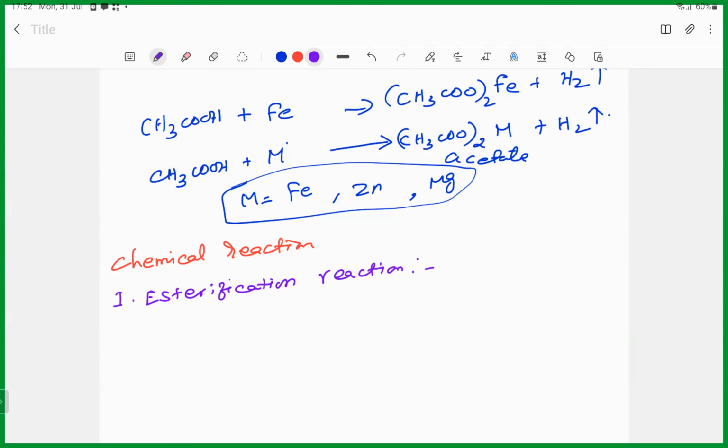Esterification is also one of the functional group interconversions. In that, you take the alcohol functional group. When it reacts with the organic acid, carboxylic acid, it will give the ester. So alcohol plus carboxylic acid will give esters. What are the things we have to remember when going to 11th standard? These are very important. Biochemically, what will happen?